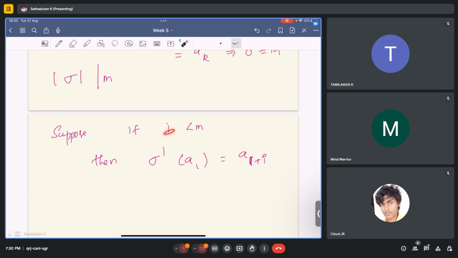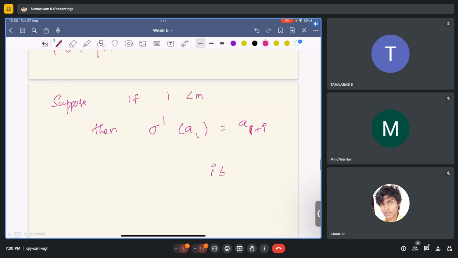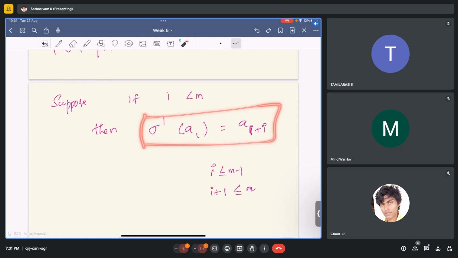So I is strictly less than M. That means I is less than or equal to M minus 1, right? So if you go by I plus 1, this is the same as 1 plus I, which is less than or equal to M. We will only go mod when the number you got is greater than M. In this case it is less than or equal to M, so the number is the same.